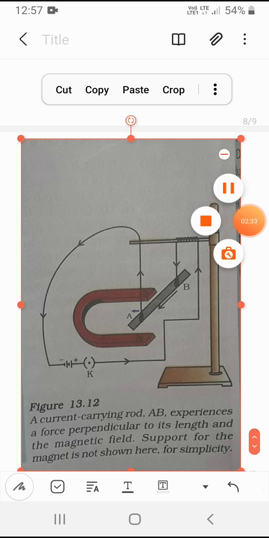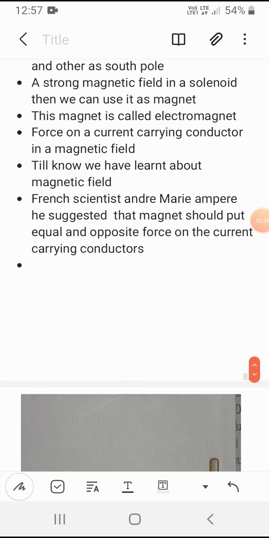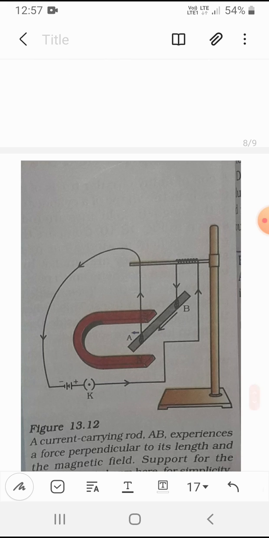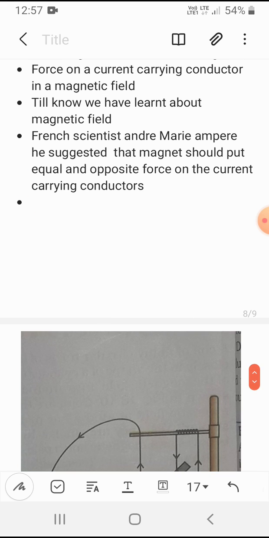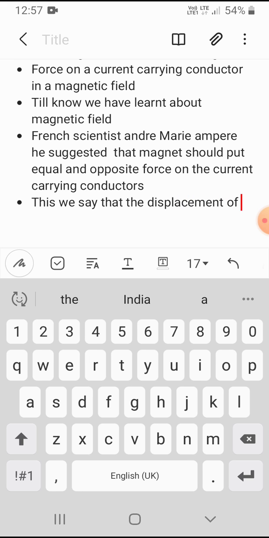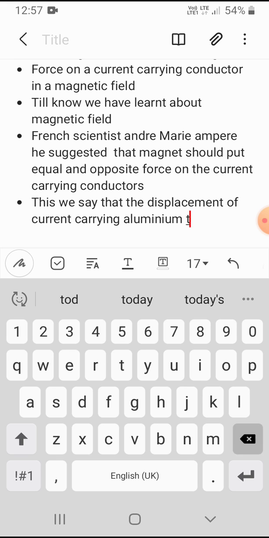And he also did an experiment. What he did, you can see here: he took a rod. We say that this is the displacement of a current carrying aluminum rod that is placed in a magnetic field.